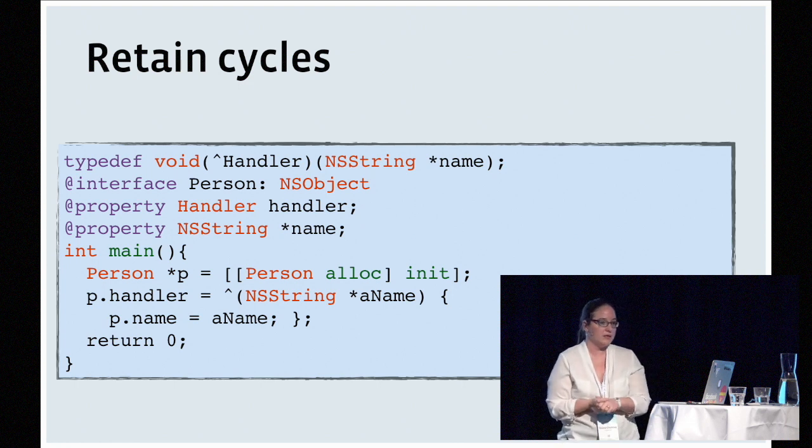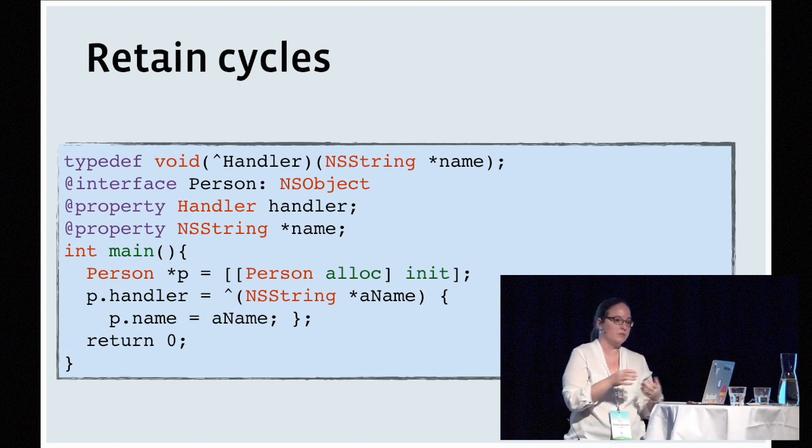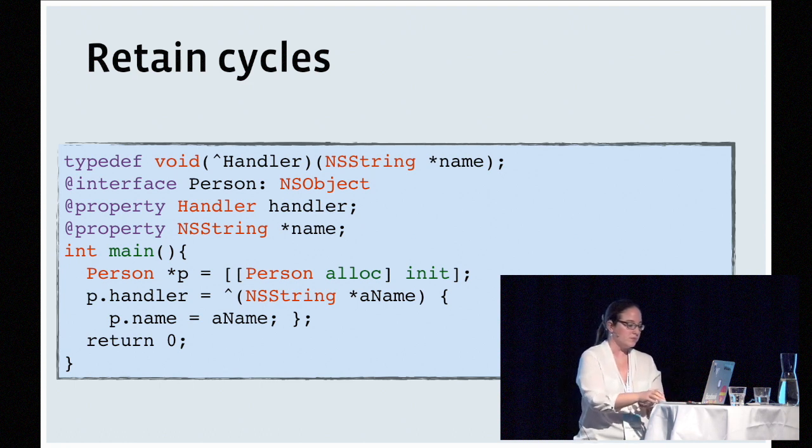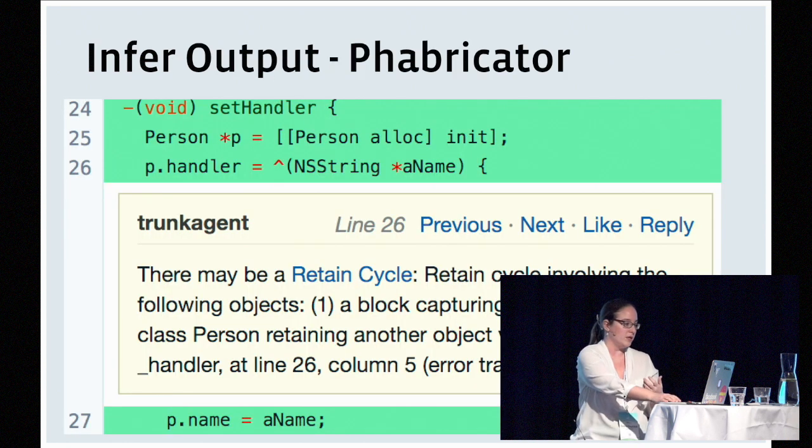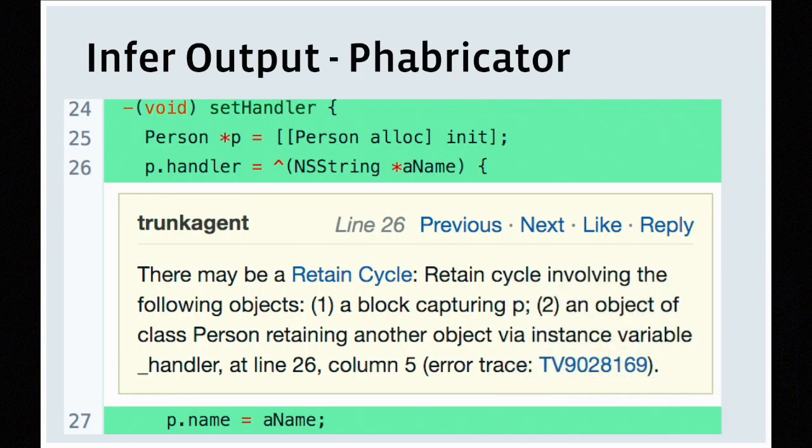In this case, the block will retain p because it's a captured variable, and then p will also retain the block because it sets it to p.handler. So this will cause a retain cycle. A very simple one, but just for clarification. And so Infer will also find this. We tell you that there is a retain cycle involved in these objects.